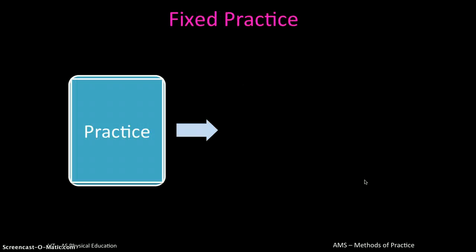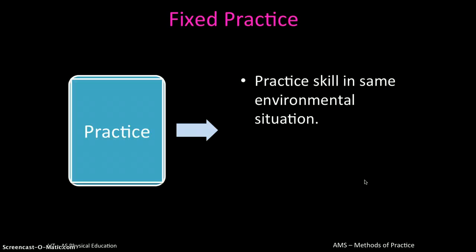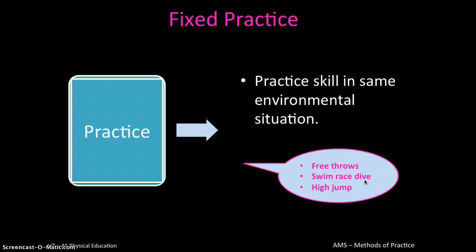Third physical performance method or practice method is fixed practice. Now, this involves practicing the same skill in the same environment repeatedly. So a free throw in basketball might be a good example, in that you only ever take free throws from the same position at the free throw line, and it makes sense that you would just practice from there.